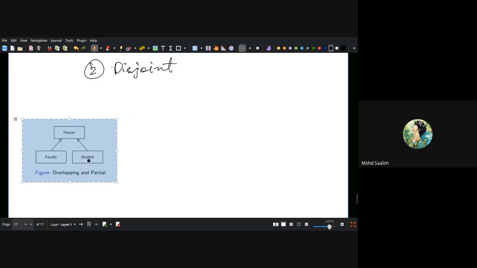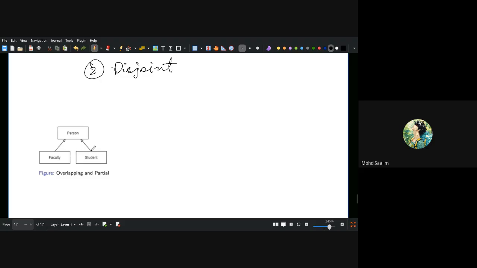Whenever you see this type of diagram where there are two entities and the arrows are coming above to a single entity, they are pointing to a single entity. Multiple entities are pointing to it. There can also be a third entity pointing to this. Okay, so when multiple entities are pointing to a single entity, that type of specialization is overlapping. And what is this type of specialization saying?